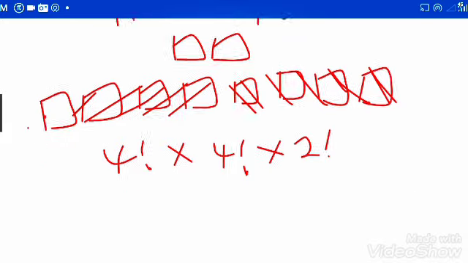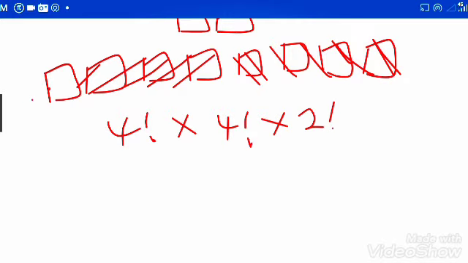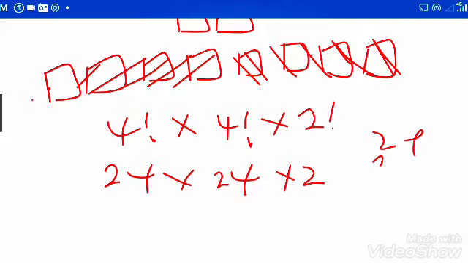So 4 factorial, that will give 4 times 3, that's 12. 12 times 2, that's 24. Times 24 times 2, you can go to the side and multiply. So 24 times 24: 4 times 4 is 16, 6 keep 1. 4 times 2 is 8 plus 1 is 9. 2 times 4 is 8, and 2 times 2 is 4.